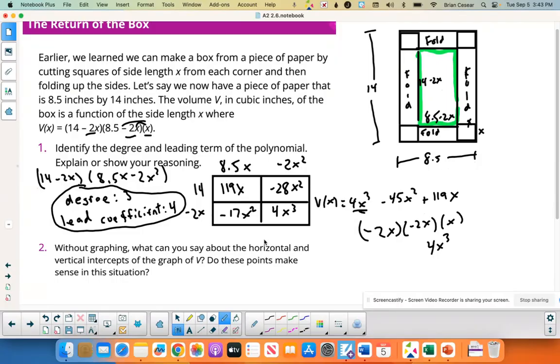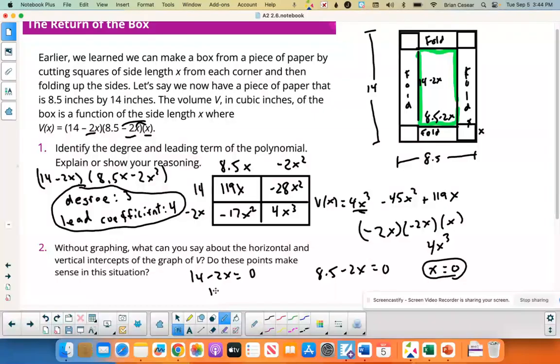So without graphing, what can you say about the horizontal and vertical intercepts of the graph of f? Do these points make sense? So for your horizontal intercepts, you set each factor equal to 0. So 14 minus 2x equals 0. 8.5 minus 2x equals 0. And x equals 0. This one's nice, I don't have to do any algebra.